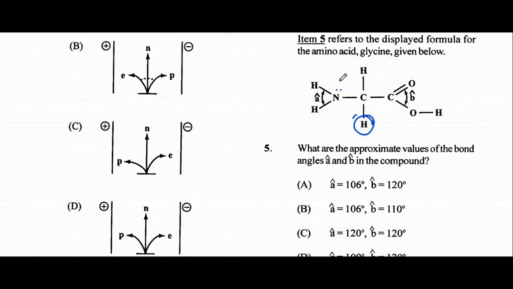This lone pair will force the bonded electrons closer together. Therefore, it will have a molecular geometry or angle less than 120 degrees. So it's either A, B, or D.